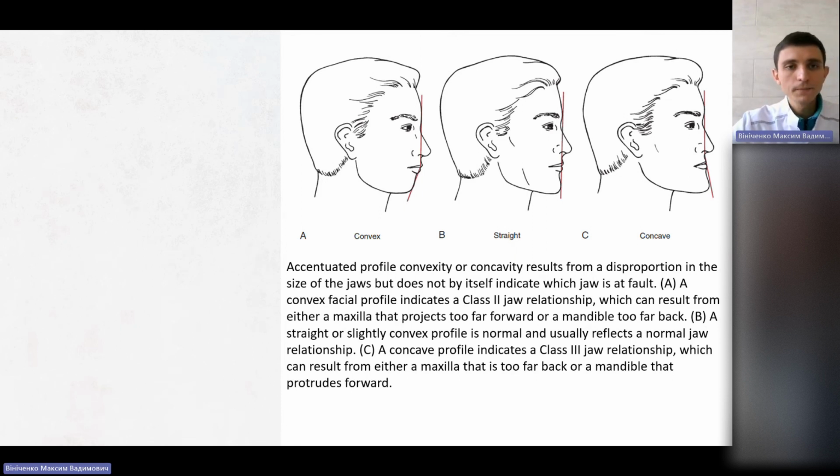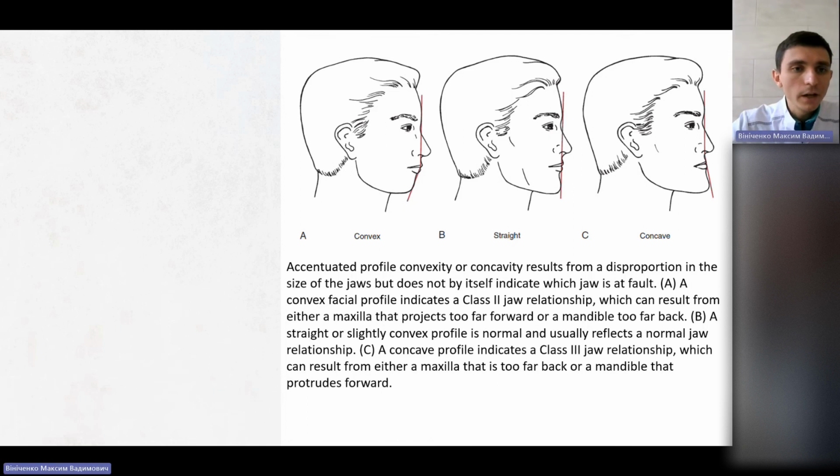These patients could have a class 2 malocclusion, so the maxilla is protruded and the lower jaw is retruded backward. If we see a patient with a concave profile, we say that the lower jaw is protruded and the upper maxilla retruded. More likely this patient has a class 3 pathology.